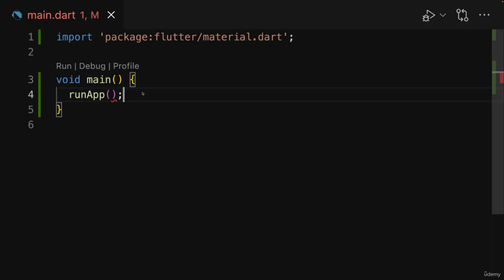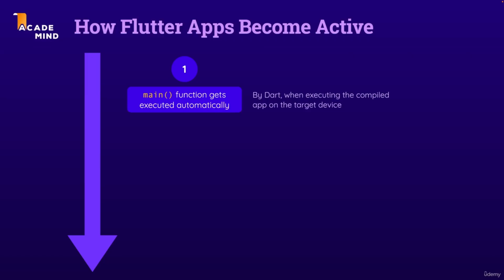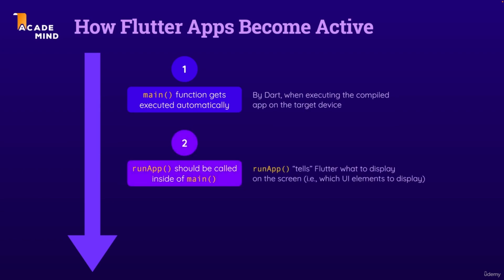And then inside of main, we of course call run app, because as mentioned before, that's another important step when it comes to activating a Flutter app or starting a Flutter app and drawing some user interface onto the screen, showing something on the screen. Because run app tells Flutter what to display on the screen, so which UI elements should be displayed on the screen.